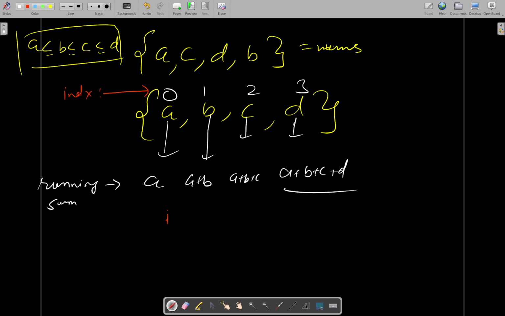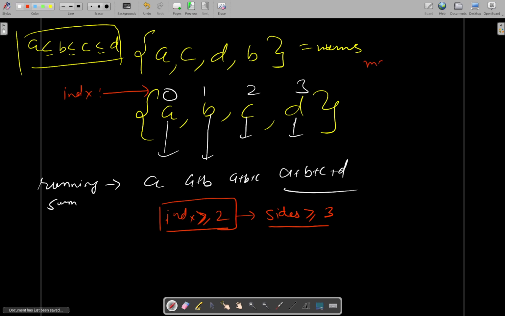Whenever the index value happens to be greater than or equal to 2, you know that the number of sides is greater than or equal to 3, since it's 0-based indexing. So whenever this condition is satisfied, you will keep a variable, you can call it max perimeter.